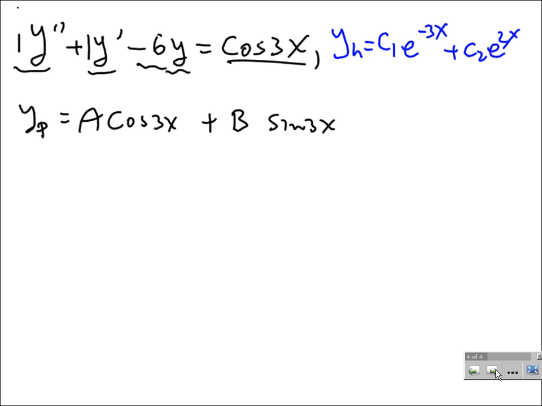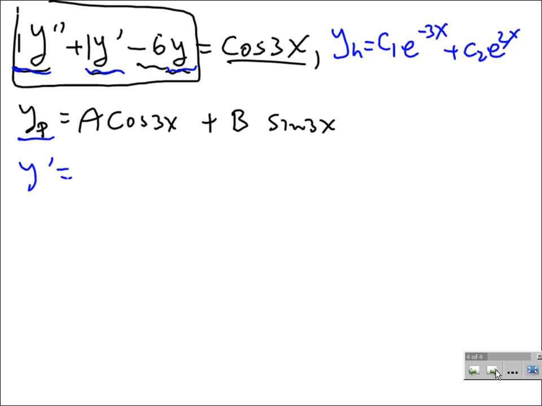Well, this equation right here, at least the left side, tells me I need y, which I already have, up to a and b. I need y prime and y double prime. So I'm going to calculate them. y prime would be negative 3a sine of 3x plus 3b cosine of 3x.